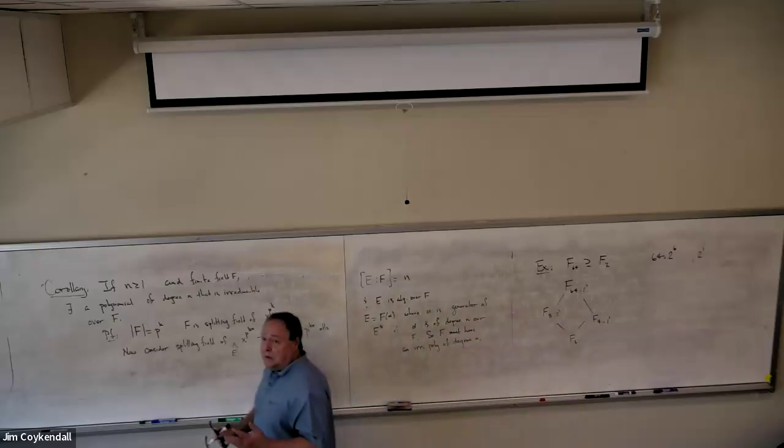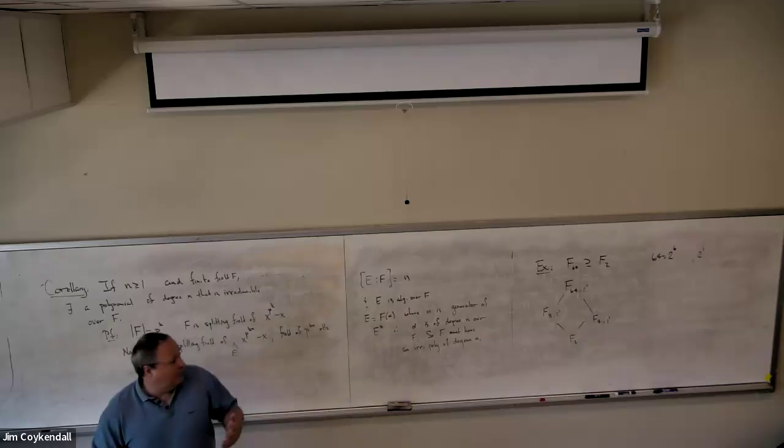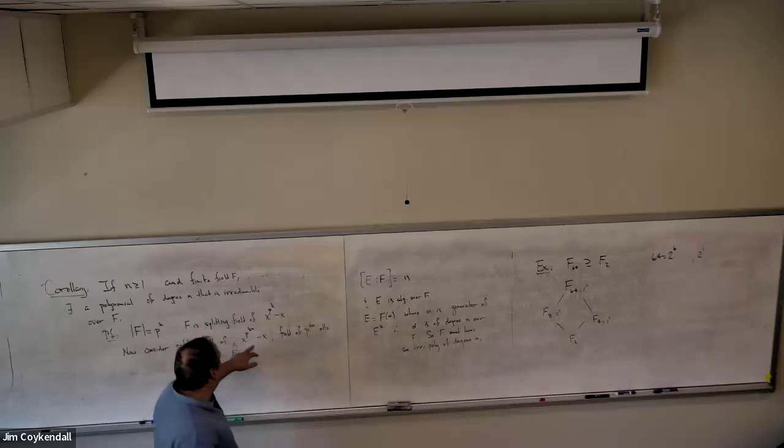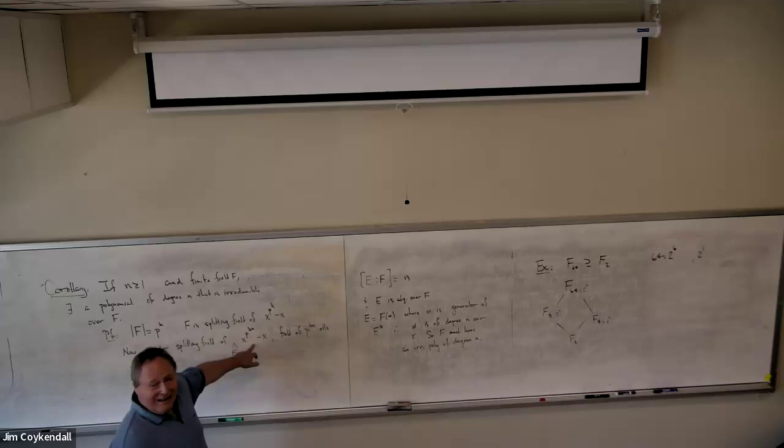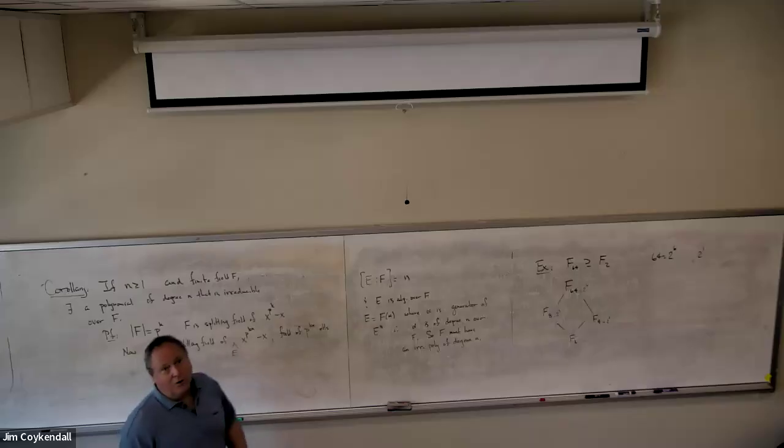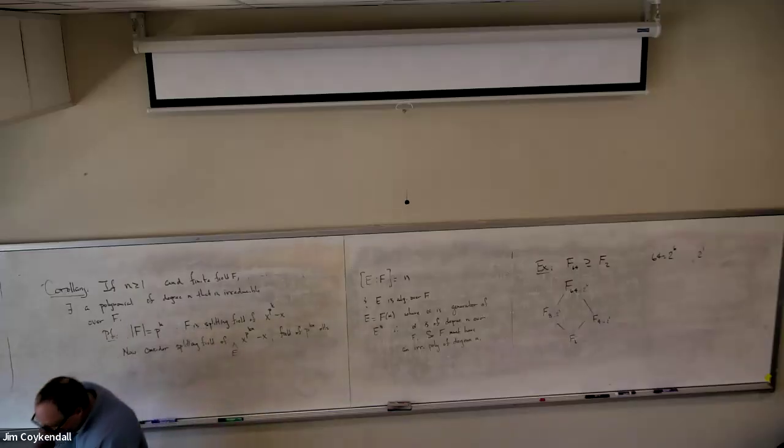Whatever the minimal polynomial of alpha is has to be its minimal polynomial, and whatever that polynomial of degree n is, it's a divisor of this polynomial. So that irreducible polynomial, in fact, I'll go one step further. Every single irreducible polynomial of degree n will be one of the factors of that polynomial.